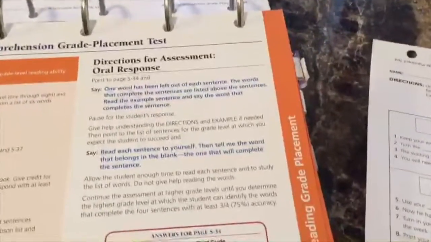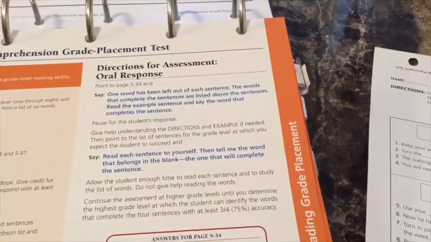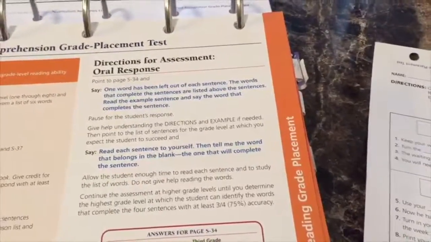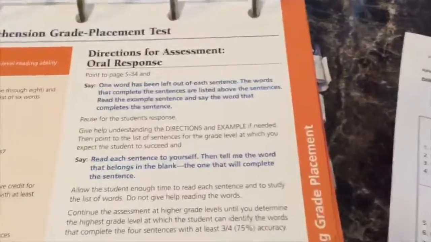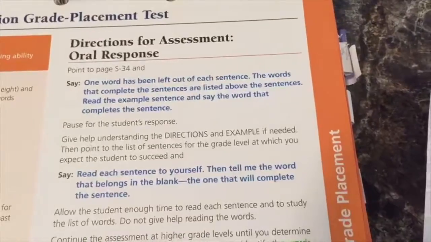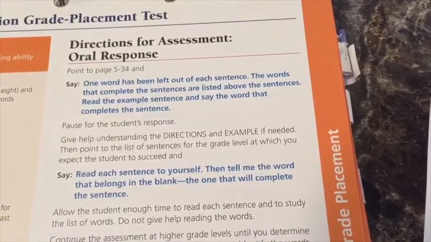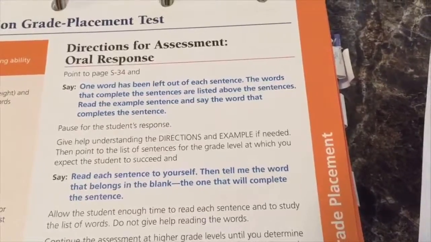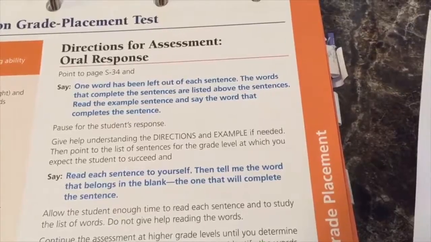You would start out by welcoming the student and just saying we are going to give a little test just to see where we are, and just make the student feel very welcome. And then you would begin. One word has been left out of each sentence. The words that complete the sentences are listed above the sentences. Read the example sentence and say the word that completes the sentence.